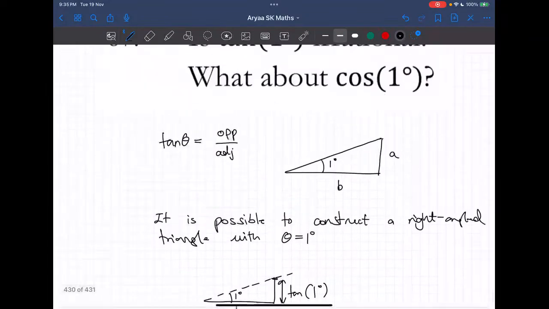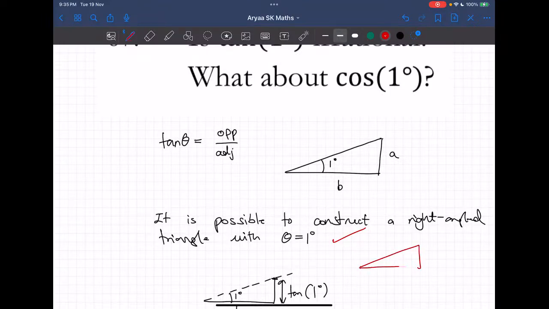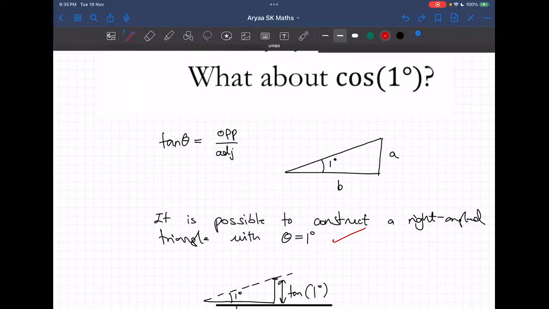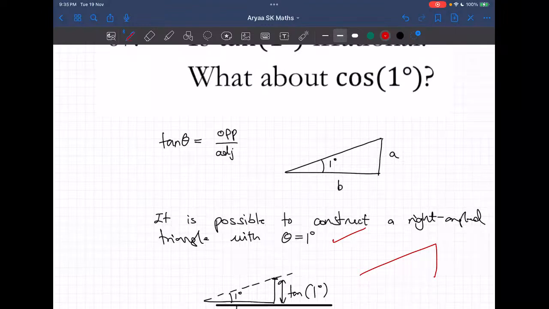Yeah, I think we use a better approach here. It is possible to construct a right-angled triangle. So we know this is definitely true. It is definitely possible to construct a right-angled triangle with theta equals 1.